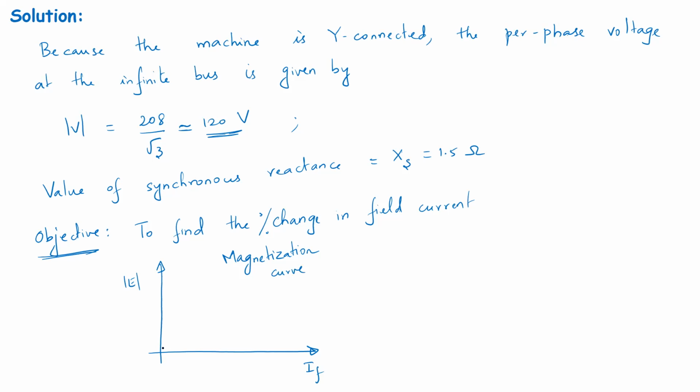Okay. And its typical characteristic curve looks like this. And this magnetization curve is obtained for a particular speed. So this is when the machine is operating at synchronous speed, let us say.